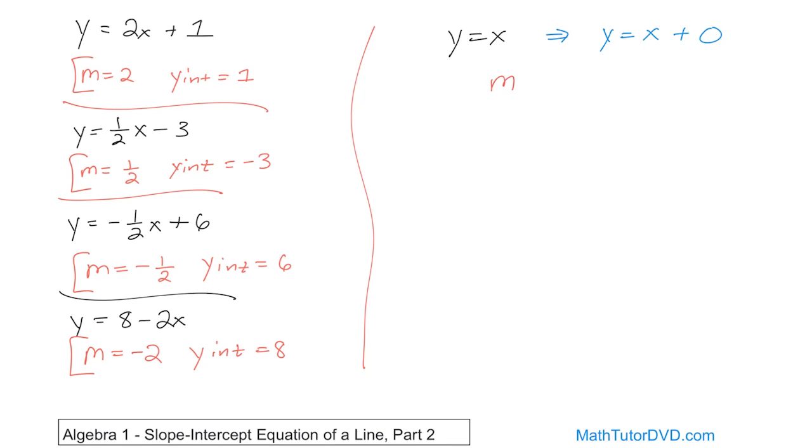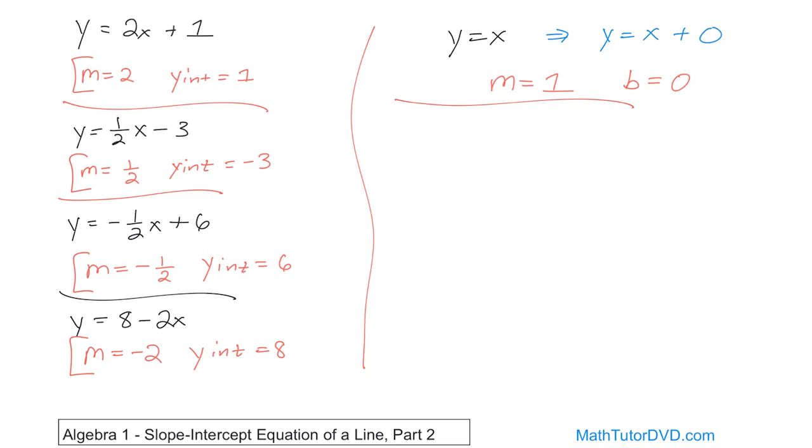So the slope is whatever's in front of x, which is 1. The y-intercept, which we can call b, mx plus b, is equal to 0. So that means that if you were to graph this, this line passes through the origin, where y is equal to 0. Where they cross is where y is 0. That's where that line is going to pass through there when b is equal to 0.